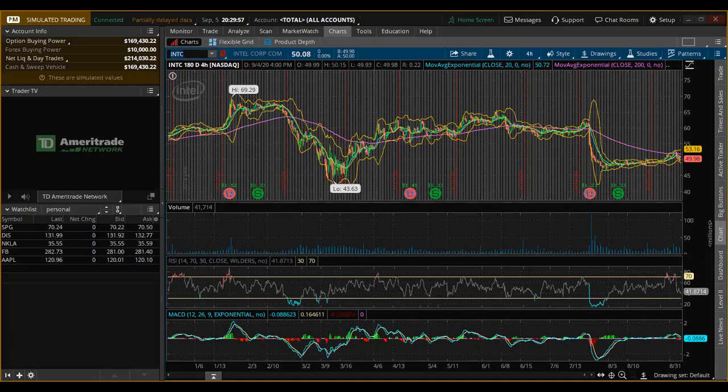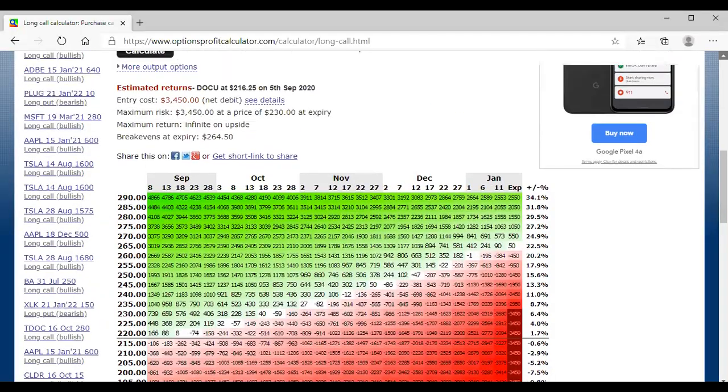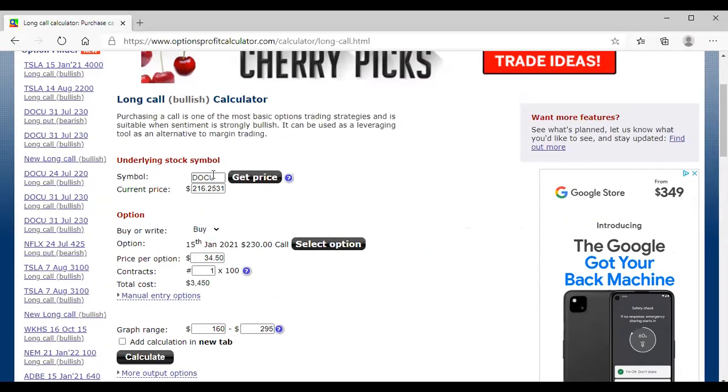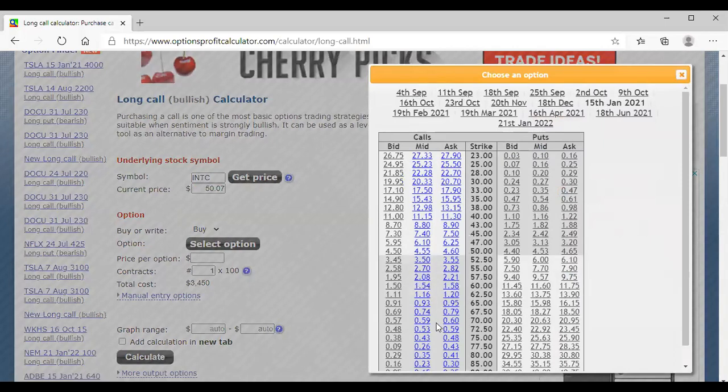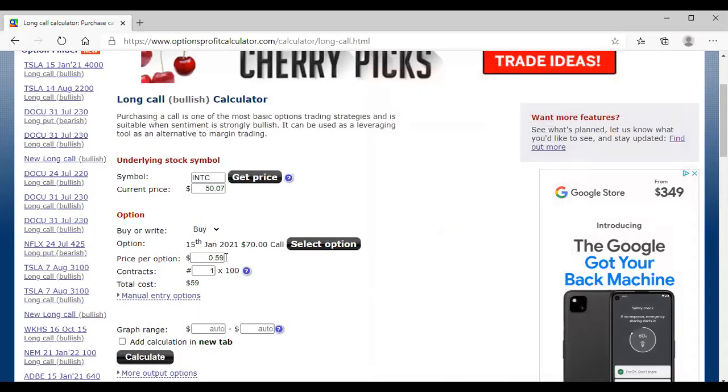All right. I'm going to go back to this calculator. So I'm gonna need some more stuff from you. And this is how I figure out if I'm gonna stay in or not. So put that in. January 15th, strike $70. What did you pay?